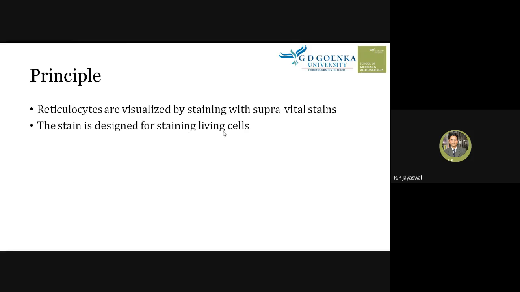In the living condition, the reticulocytes should be stained. If you store the blood sample for longer periods, then it may give incorrect results. So it is advised to always take the fresh sample.